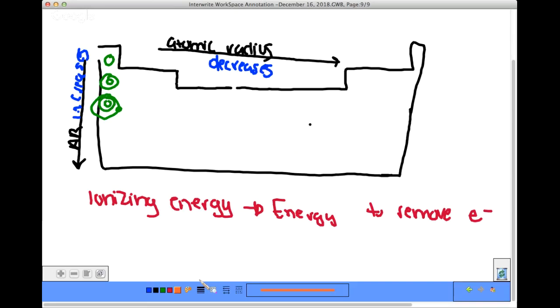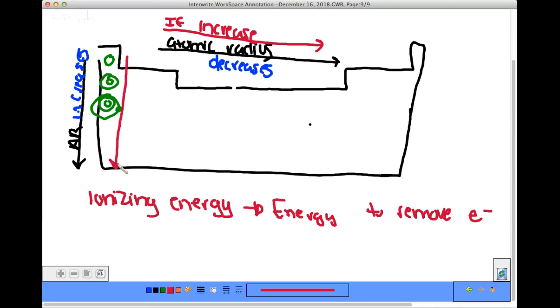Whereas if it's further away from the nucleus, the attraction to the nucleus is smaller, so it's going to be easier to remove. So if we think about ionization energy and we go from left to right, what we're going to see is that it's going to increase. Because as we go from left to right, that electron is closer to the nucleus, which means that we're going to have a stronger Coulombic attraction, which means that it's going to be harder to remove.